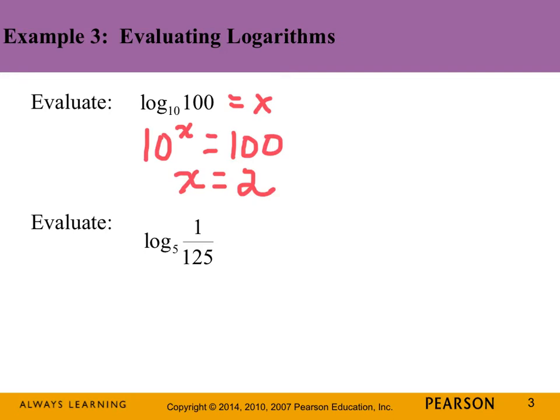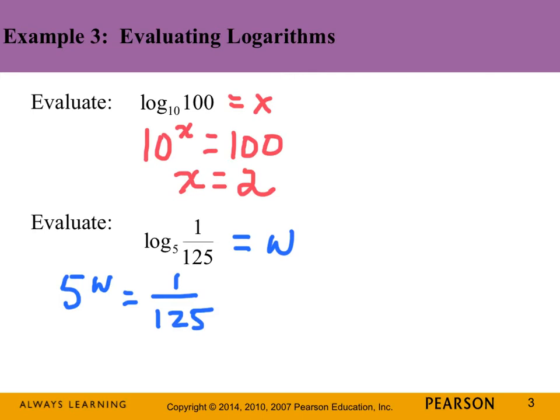Okay, next we have log base 5 of 1 over 125. And let's say, I don't know, that equals w. So to rewrite this in exponential form, wouldn't that be 5 to the w power equals 1 over 125? Well, if you stop and think, 5 to the 3rd power is 125.